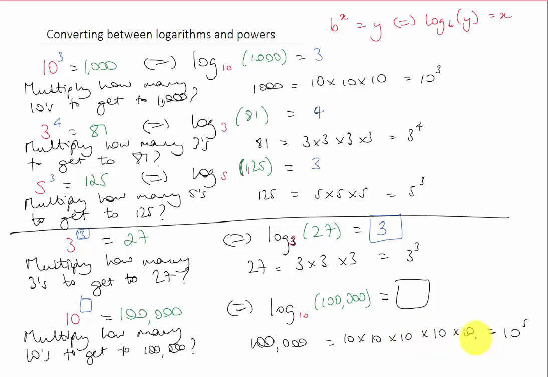And so here our exponent is 5, so 10 to the power 5 is equal to 100,000, and therefore the logarithm in base 10 of 100,000 is 5. And so that's the general principle of how you convert between logarithms and powers.